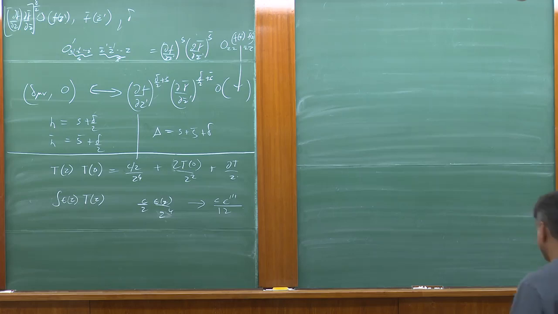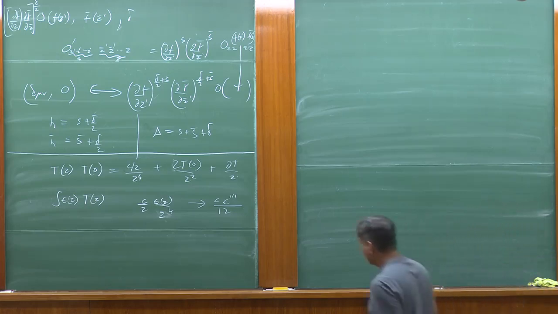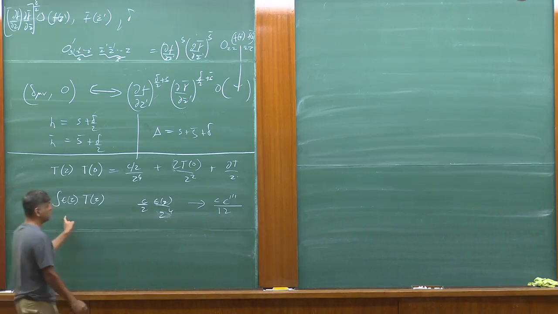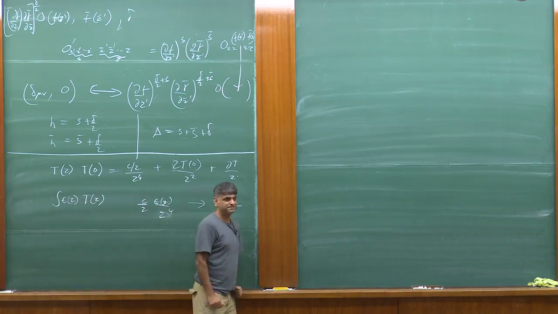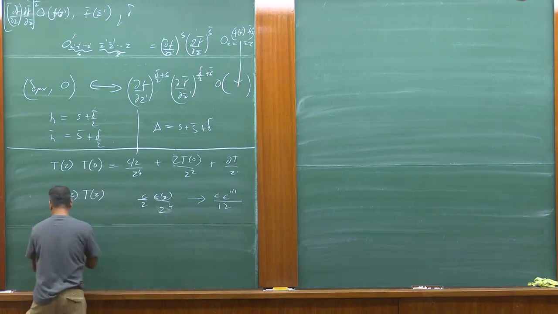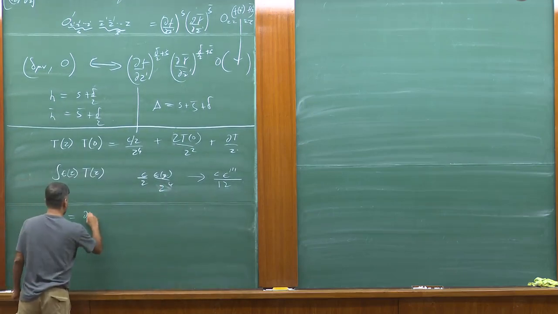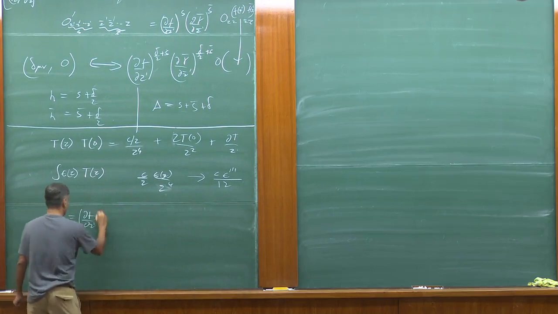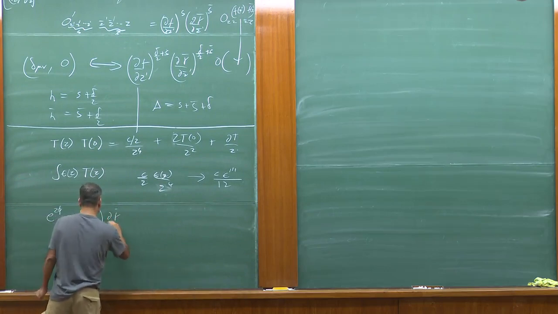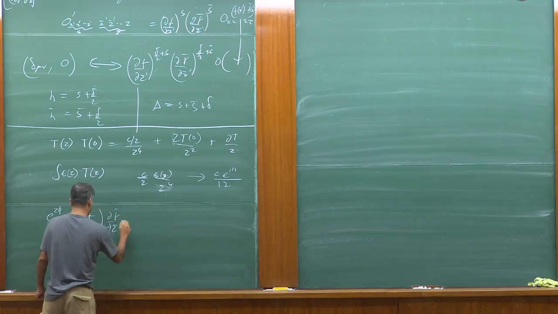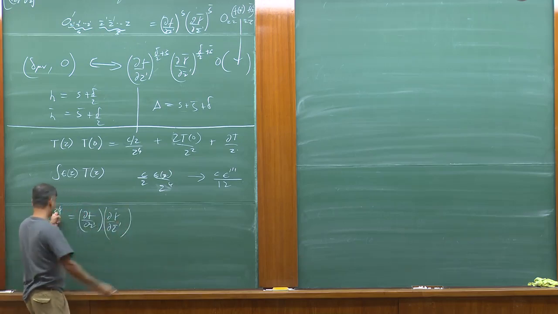Okay, great. So what was the Weyl transformation associated with this epsilon? Well, remember the Weyl transformation was e to the power 2 phi equal to del f by del z prime times del f bar by del z bar prime. Right, this was the Weyl factor.